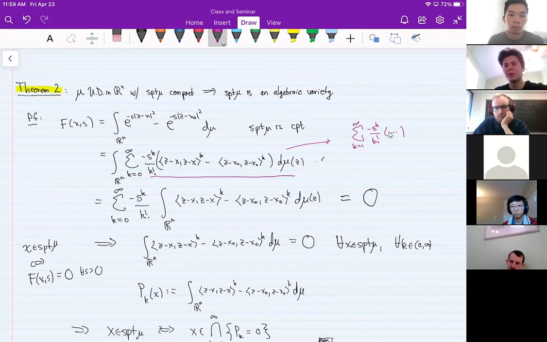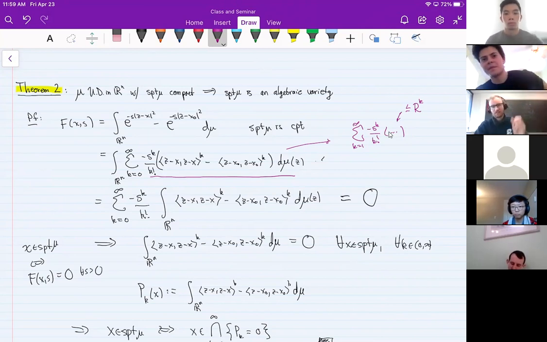So the point is that if I assume that mu has compact support, then this quantity is bounded above by r to the k or something, where r is some big number. I kind of glossed over that. You're right, but that's where the assumption comes in, proving that this integrand is uniformly bounded by some big constant. Okay, thanks. Yep.